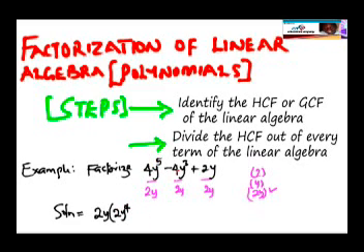Then if it goes into minus this, you have minus 2y raised to power 2. And if it goes into this, you have plus 1. Remember, if 2y goes into 2y, you're going to have 1, not 0. And the sign is very important. You take note of the sign as well. So this is what you're having as your final answer. If there is any other thing that can factor out, you factor again. But if there is none, you leave it this way. So this is what we are having for this answer.